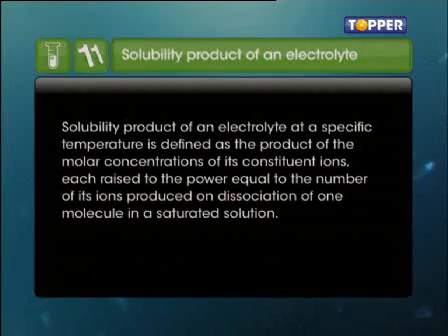Thus we define solubility product of an electrolyte at a specific temperature as the product of the molar concentrations of its constituent ions, each raised to the power equal to the number of its ions produced on dissociation of one molecule in a saturated solution.